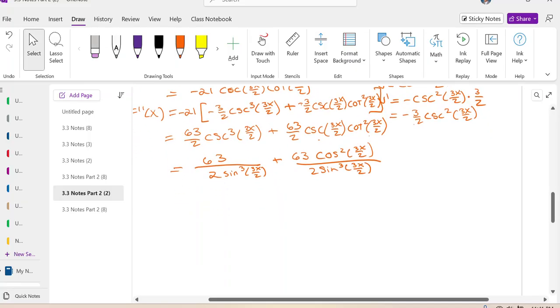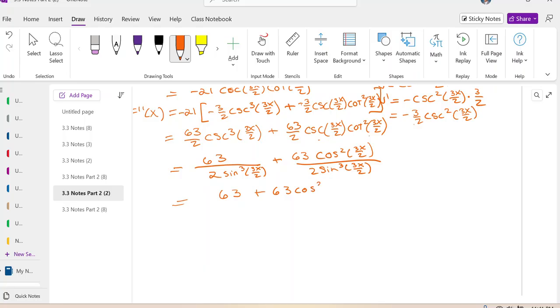So notice you could combine because you have a common denominator, so it would be 63 plus 63 cosine squared 3x over 2 over 2 sine to the third 3x over 2. So that's the second derivative.